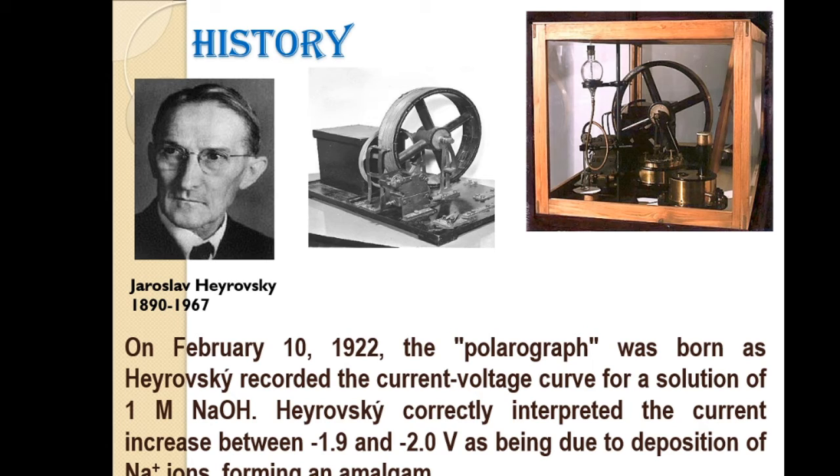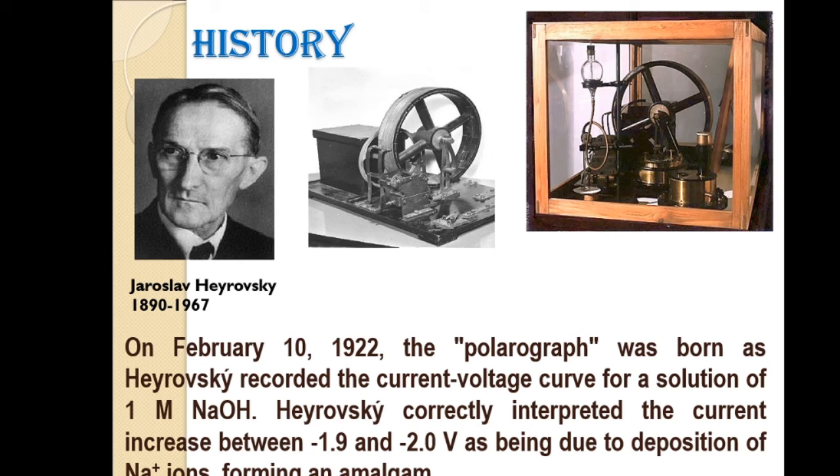Looking at the history of how the voltammetry technique was developed, going back to 1922, the scientist Heyrovsky developed the polarograph, which recorded the current-voltage curve for a solution of 1 molar NaOH. This particular technique is termed polarography.